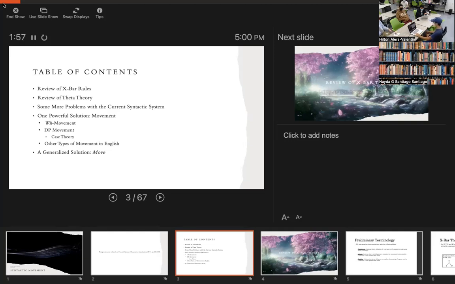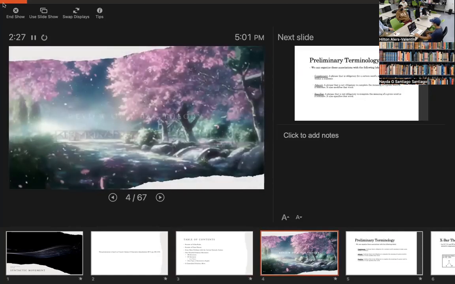And then we'll go through some cases of movement. We'll first discuss what WH movement is, and we'll then discuss what DP movement is, determiner phrase movement. And when we talk about DP movement, that is where case lives, and there's where we'll introduce case. And then we'll just go through some other types of movements that exist in English so you can see how they all interact. And we'll answer the big question of, does there exist a generalized solution, which there does, and we just call it, very creatively, Move.